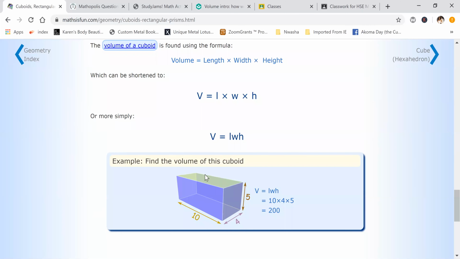For volume of a rectangle, it's length times width times height. But like we were saying yesterday, it just pays to memorize length times width times height. If you don't want to commit a lot of things to memory, it's easier just to stick with length times width times height and not worry about all of the differences between a square and a rectangle.